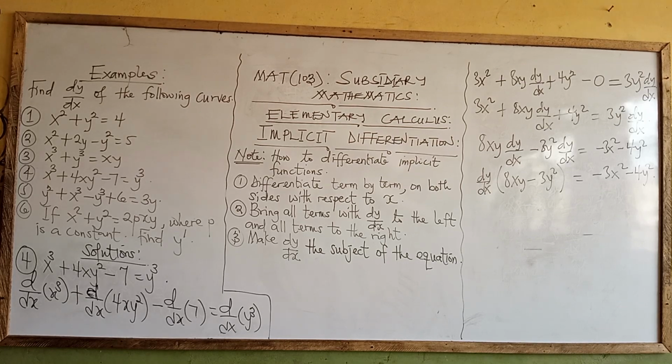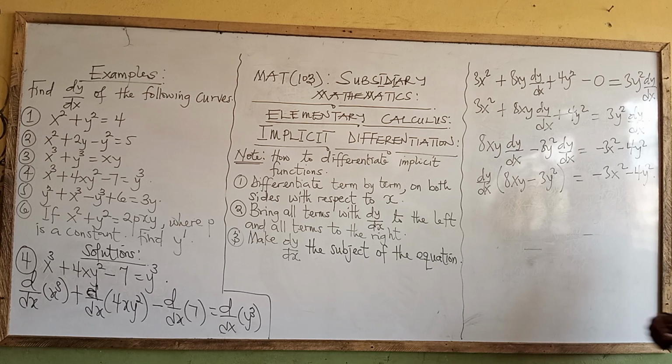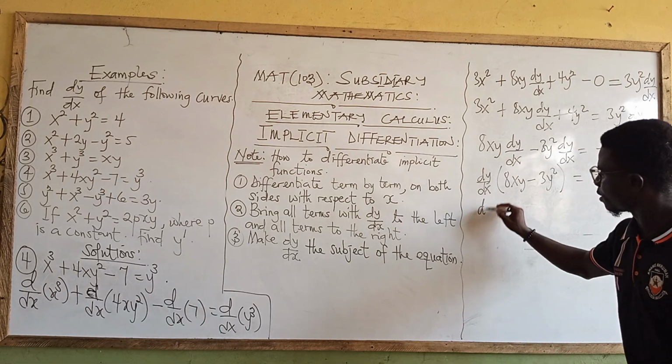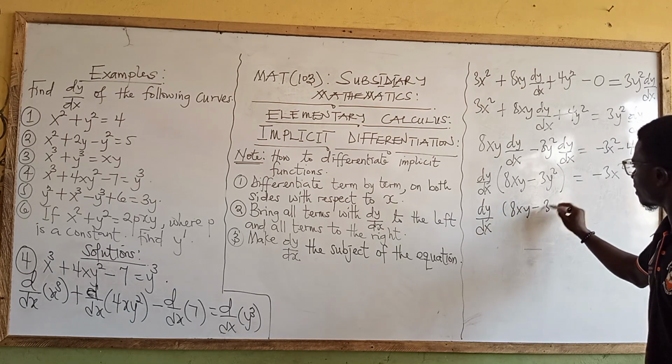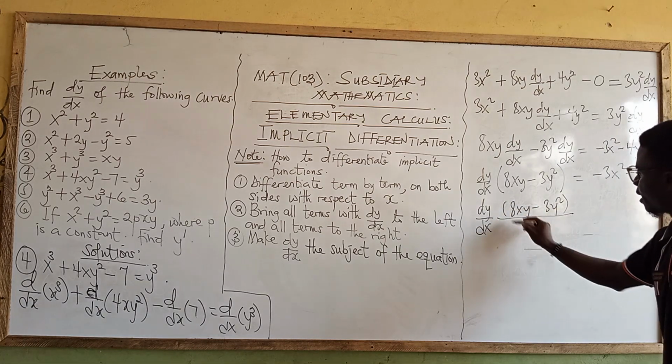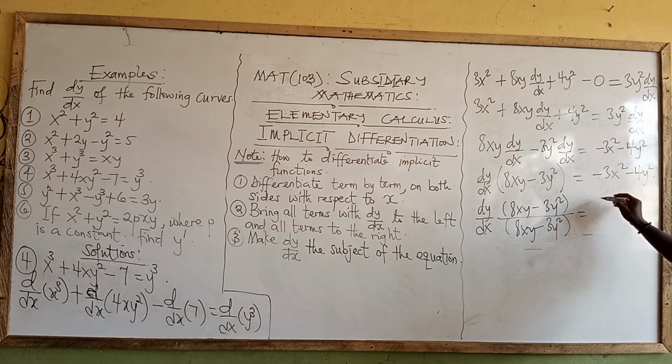Follow me. So now, what do you have to do? You have to divide both sides by 8xy minus 3y squared. So I have 8xy minus 3y squared on the left, the same thing on the right, equals negative 3x squared minus 4y squared divided by 8xy minus 3y squared, so that this one goes away.